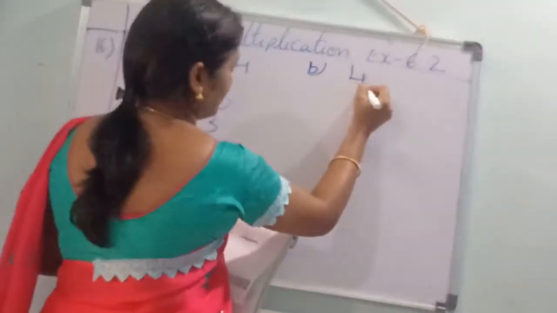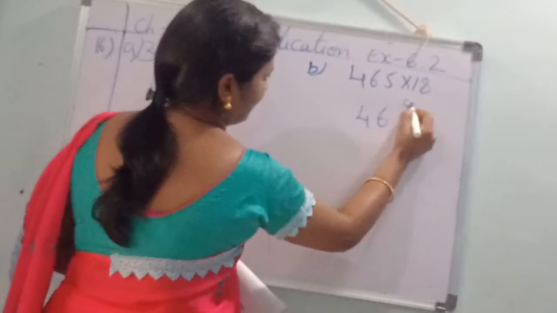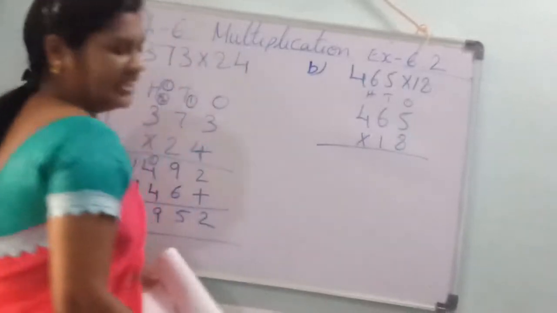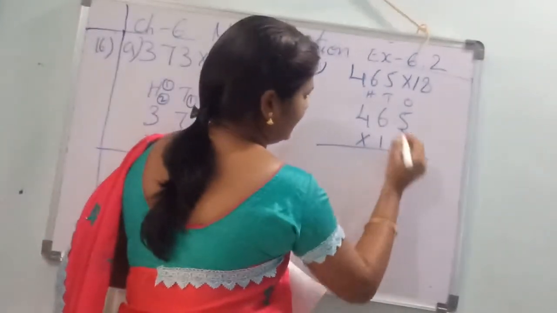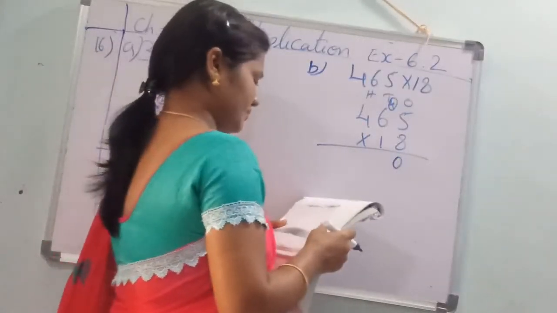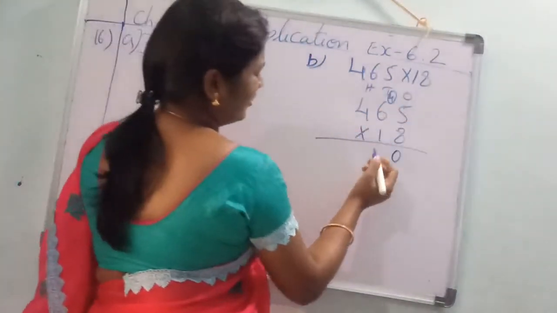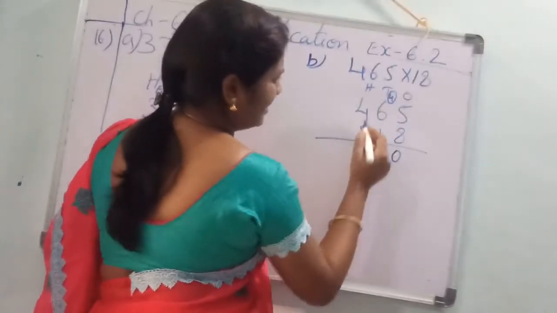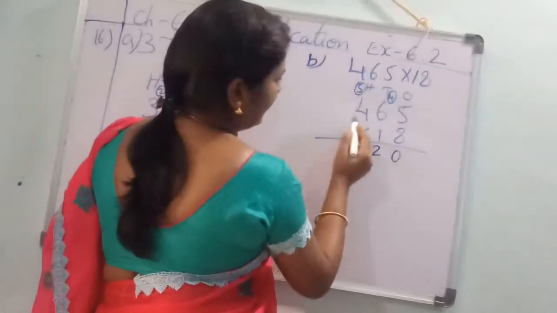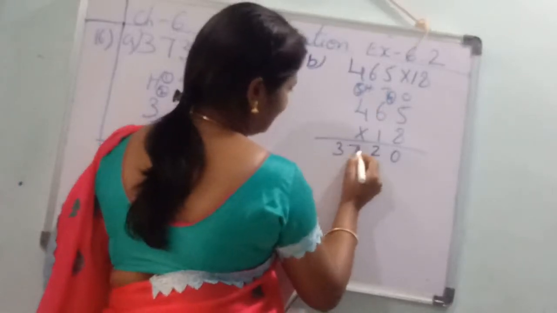B1. 465 into 18. 465, ones, tens, hundreds, into 18. 8 5s are 40. 0 here, 4 carry forward. 8 6s are 48. 48 plus 4, 52. 2 here, 5 carry forward. 8 4s are 32. 32 plus 5, 37.